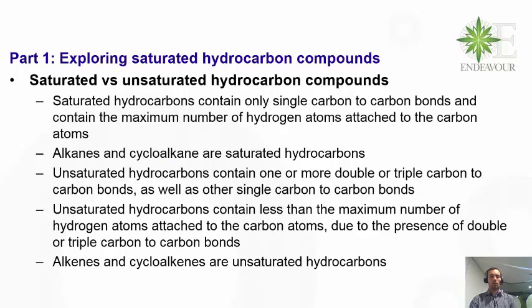Whereas the unsaturated hydrocarbons had double or triple carbon-to-carbon bonds, which meant that there were fewer positions available to bond to hydrogen, meaning they were not saturated with hydrogen, hence the unsaturated term. And this corresponded to things like our alkenes, cycloalkenes, but also alkynes with a triple carbon-carbon bond, and also the cycloalkynes.